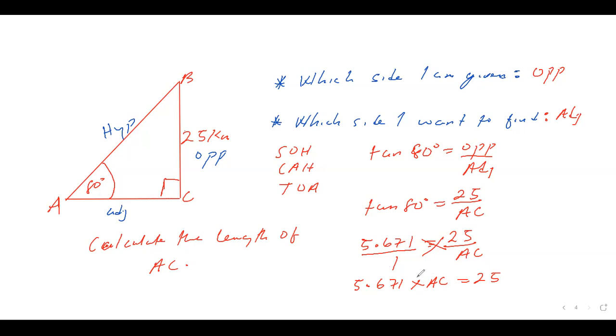That means I need to make AC stand by itself. How do I do that? We divide by 5.671. So AC is equal to 25 divided by 5.671. What do we get for AC? 4.4.